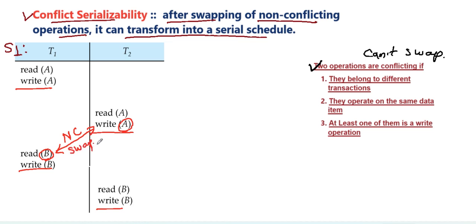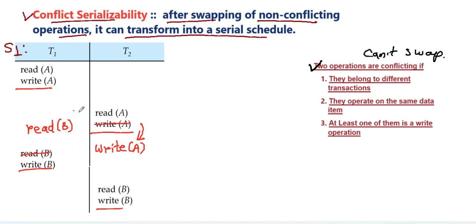We will swap write A and read B. Read B goes up, and write A goes down.